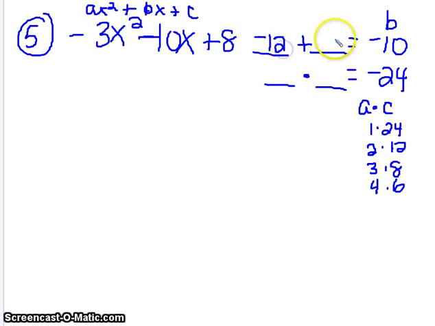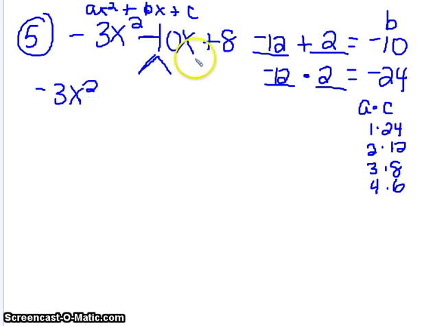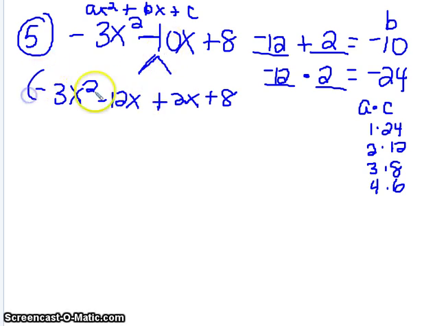So negative 12 plus 2 is negative 10, and negative 12 times 2 is negative 24. We keep our negative 3x squared. Because negative 12 plus 2 is negative 10, negative 12x plus 2x plus 8, they all work to give you negative 10 in the middle, negative 10x. I can put my first two together, which means I have to factor out my greatest common factor.